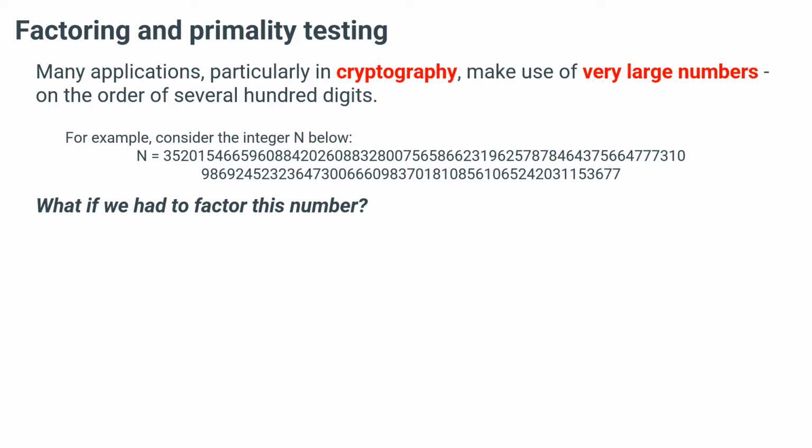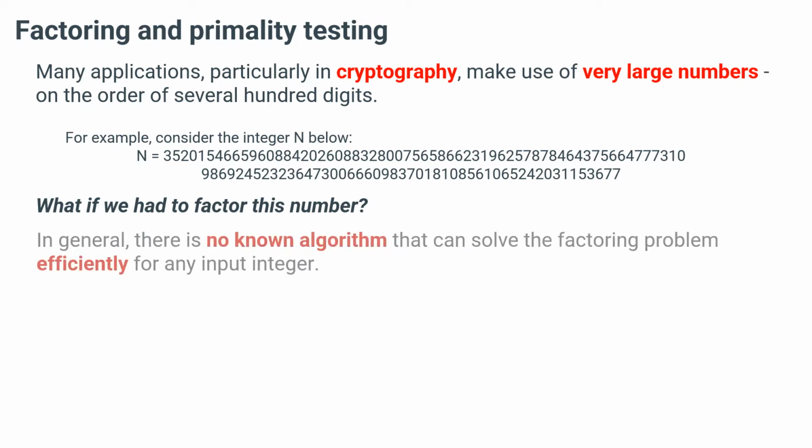Now, what if we had to factor that number, come up with the prime factors of that? Well, you might think that there would be an algorithm that would do that, and we can come up with an algorithm, but any algorithm that anyone has come up with is not efficient, meaning that if we have a very large number like this, we are pretty sure it's just going to take way too long.